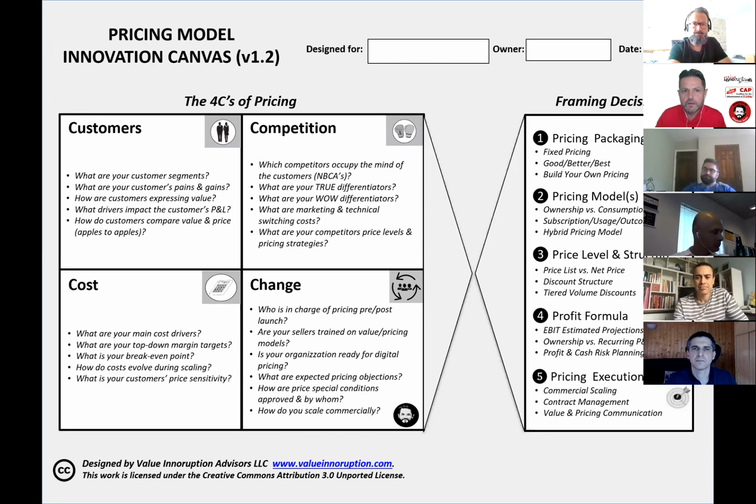So to make it a little bit easier, I created some of the questions that we need to think about or answer in the canvas. Here I'm really focusing on some of the critical components, because not everything is doable.